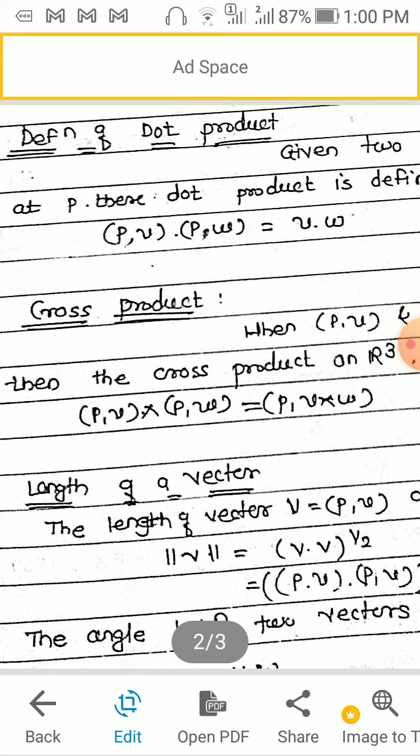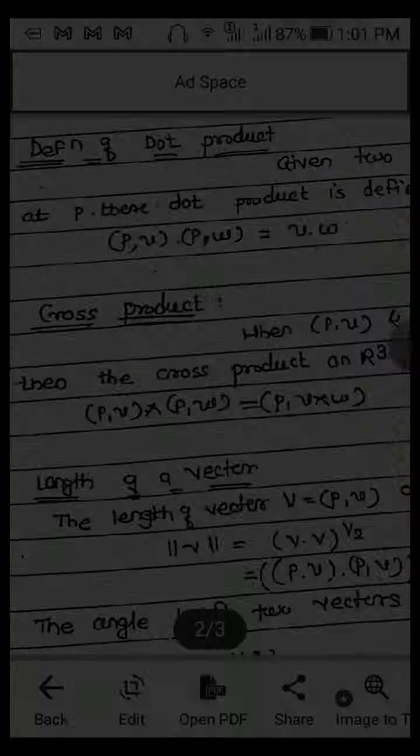Theta is the angle between v and w. As usual, cos theta is equal to v dot w, the numerator being the dot product, divided by norm v times norm w, meaning the length of vector v times the length of vector w.